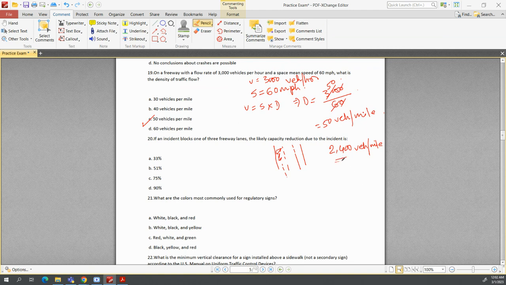Let's consider 2,400. But let's say when there is an incident in one of the lanes, the capacity or the flow becomes zero immediately, right? Now, even in the other lanes, the capacity reduces to around 1800.